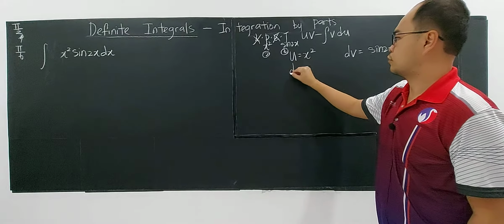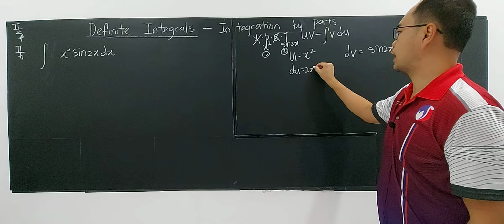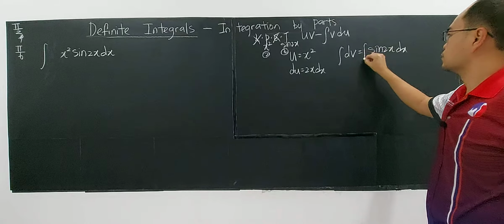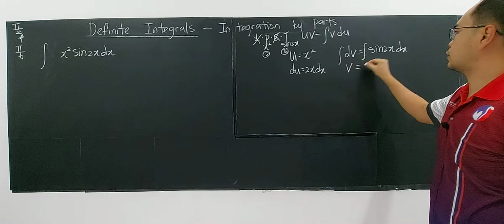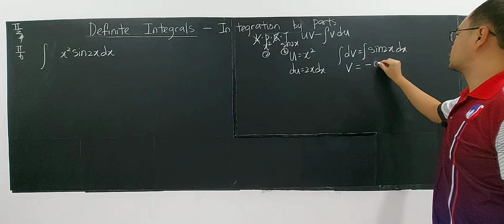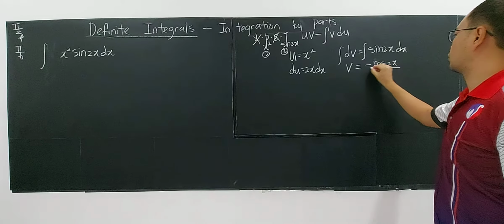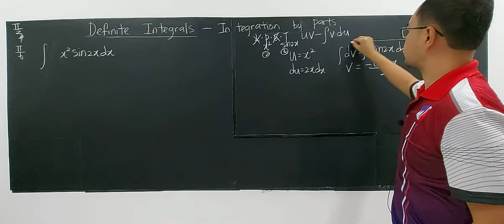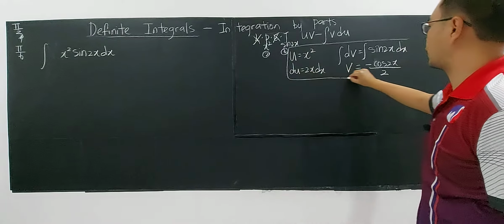I differentiate, getting du equals 2x dx. Integrating sine 2x, you know you are getting v equal to negative cos 2x over 2. This is the information I'm going to use.